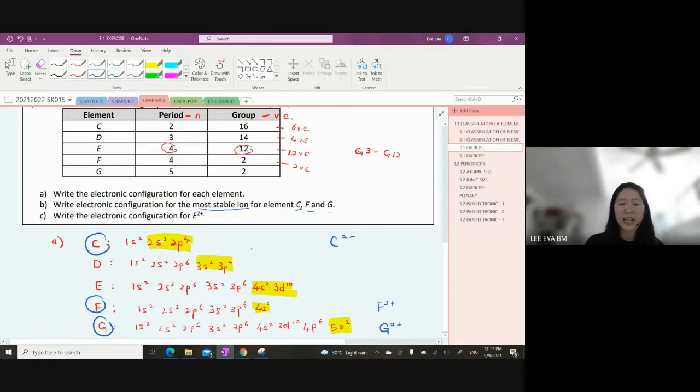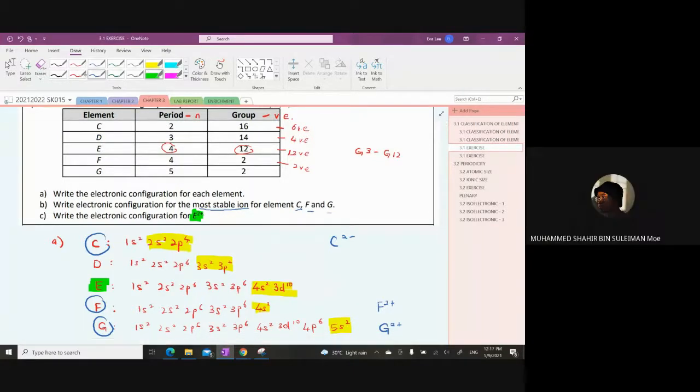Okay. And then for C, it asks to write the electronic configurations for E2 plus. So tengok pada E dekat sini. We got 4s2 3d10. In order to remove 2 electrons to form E2 positive, where should you remove the electron first? 4s.